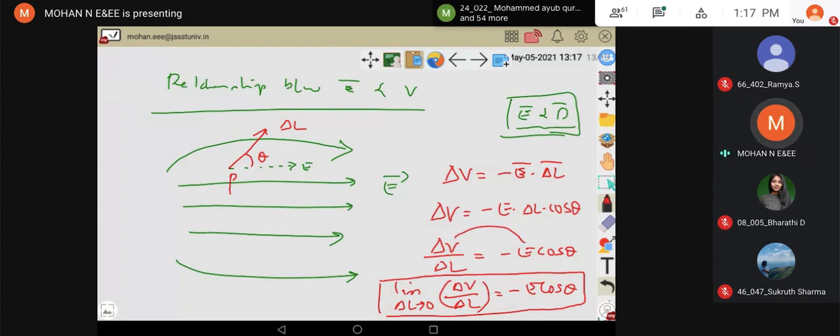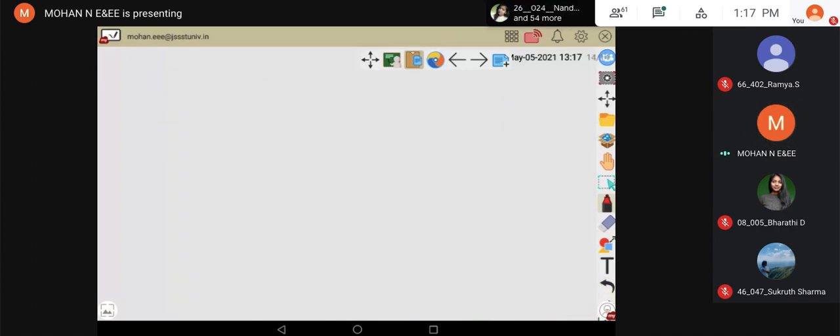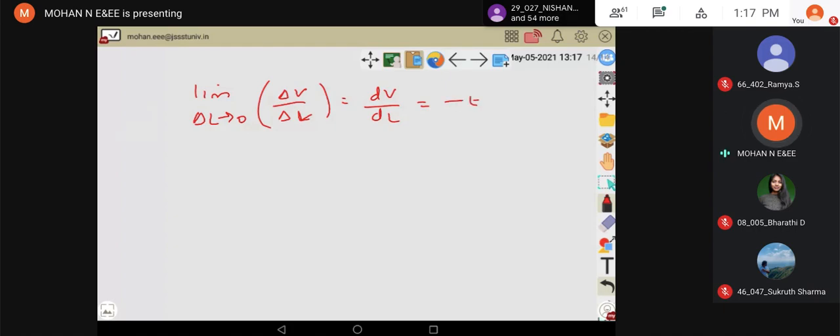Okay. So let me take this equation onto the next slide and discuss more here. In the limit of delta L tending to 0, delta V by delta L is equal to the gradient dV by dL, which is equal to minus E cos theta. So this gradient is maximum when cos theta is minus 1.